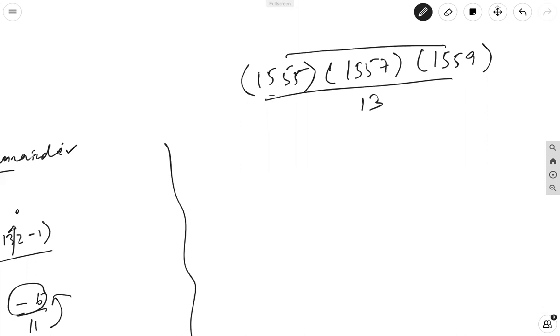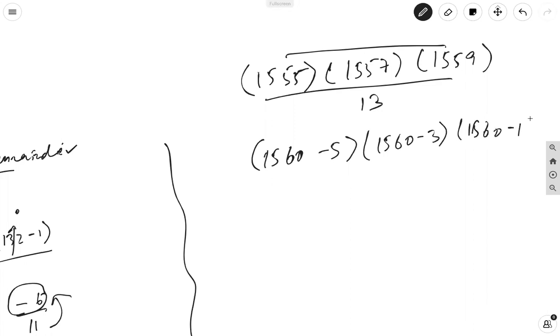Now let's see what is the multiple of 13 greater than 1555. That is 1560. So 1560 minus 5, next 1560 minus 3, and 1560 minus 1, divided by 13.